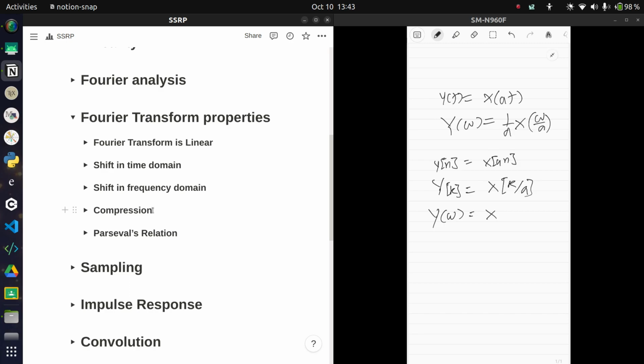So you wouldn't have that 1 upon a thing going on. Because over here you got this omega upon a, so when you integrate to get the inverse back, there's a bit of substitution happening, and so you need a 1 upon a for it to work out. Over here you do not need that. I guess that's correct. So this is X of omega upon a, I suppose.